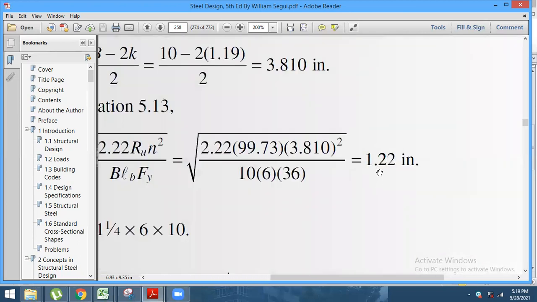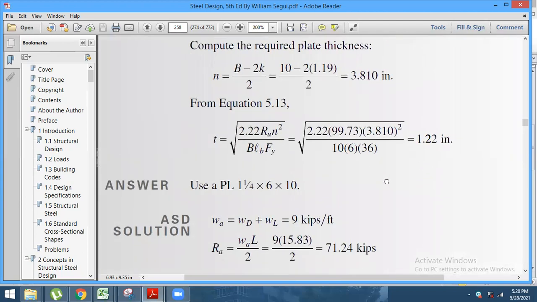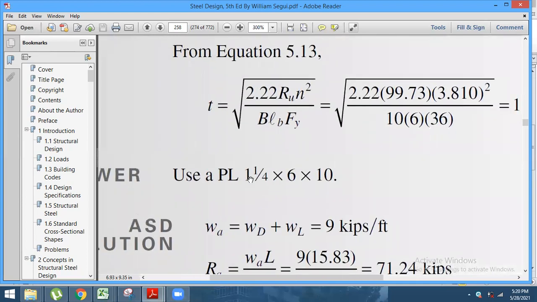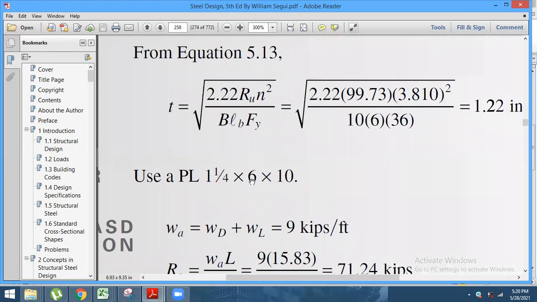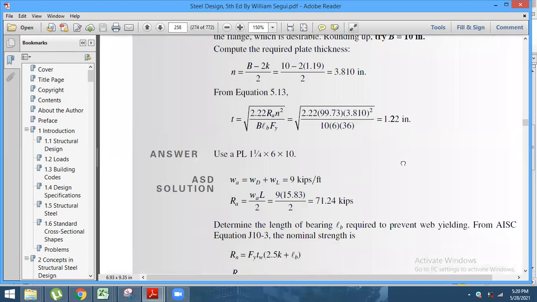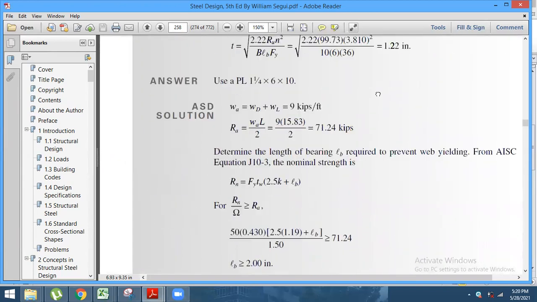So, that is, thickness is 1.22 inches. Okay, so gagawin dyan, split na 1.25 inches, which is 1 and 1/4 thickness by 6 inches by 10 inches na steel plate. Okay, so yun yung gagamitin natin. That is for the LRFD.